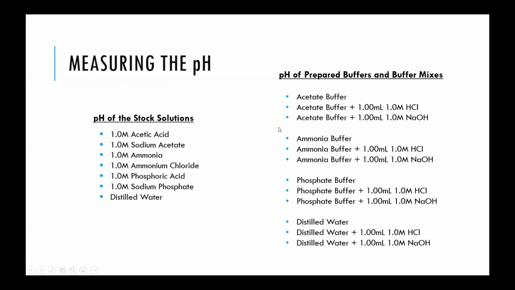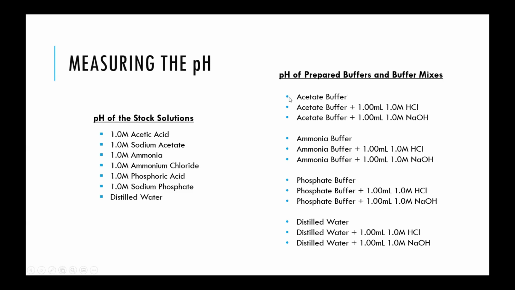Also, the 3 buffers that you've prepared, you're recording the pHs of those as well. And to test these buffers to see their buffering capacity, which one is best for acids, which one is best for bases, you're going to be performing tests on them.